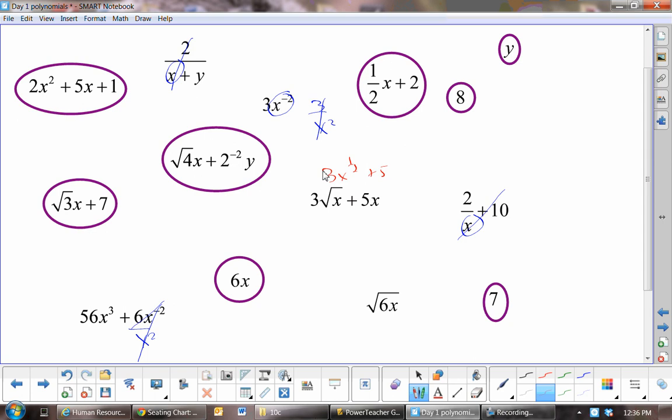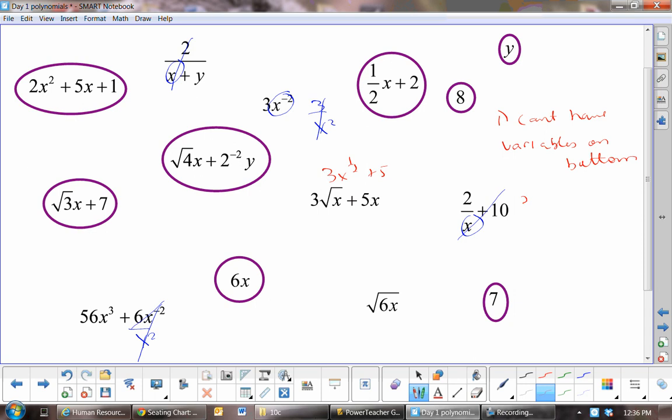Now, that's the other thing that makes it fail. We can't have variables on the bottom, which is also called the denominator, right?